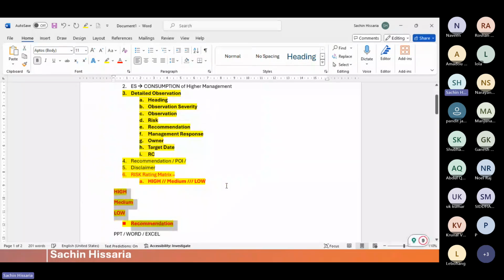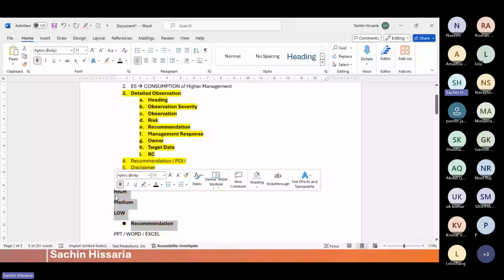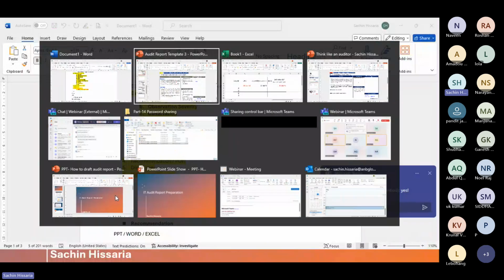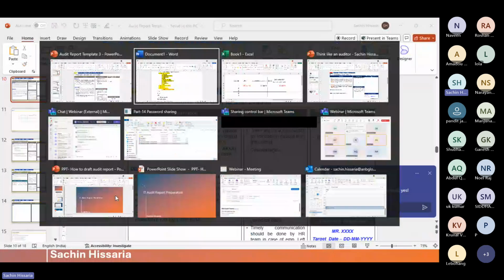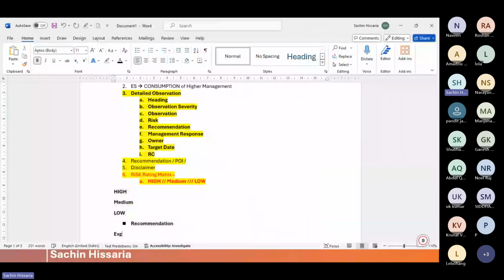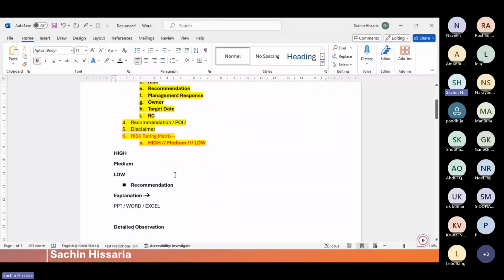Whenever we are rating an observation, management always comes with the argument why this is high, why this is medium, or why this is low. Can you confirm? Correct? Every time. So guys, to counter this, as an auditor you have to be ready with the explanation, because you know that whatever observation rating you put, management will come and ask you the reason why it is medium, why it is high, or why it is low.